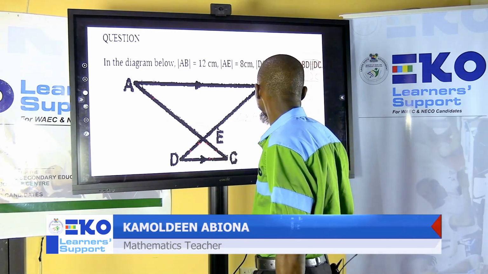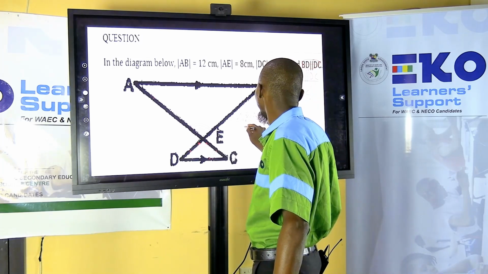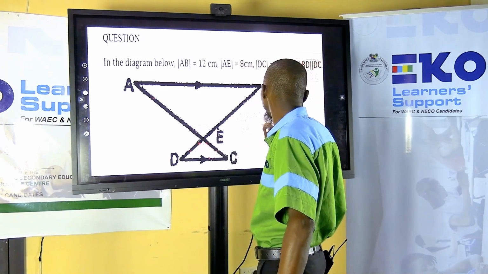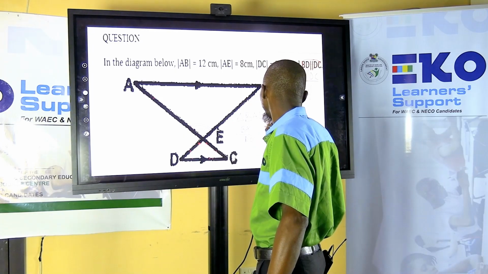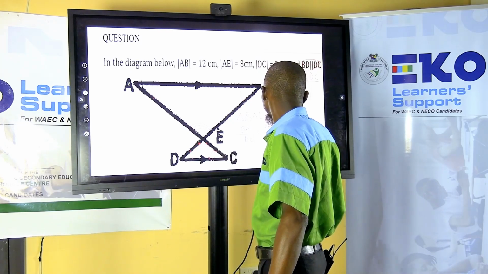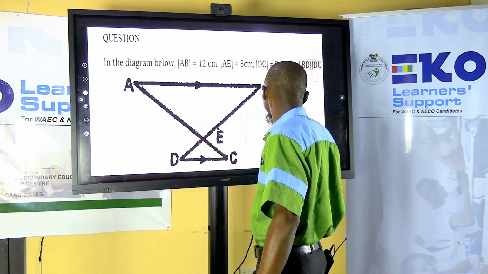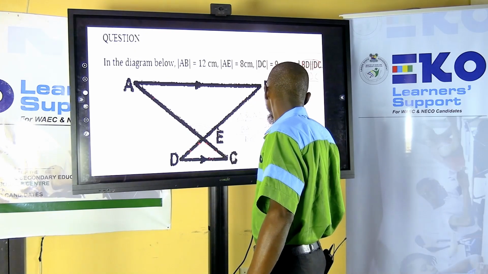Okay, so let's see how we are finding EC. From here we can say the ratio of BA to DC equals the ratio of AE to CE, which is the same as the ratio of EB to ED.